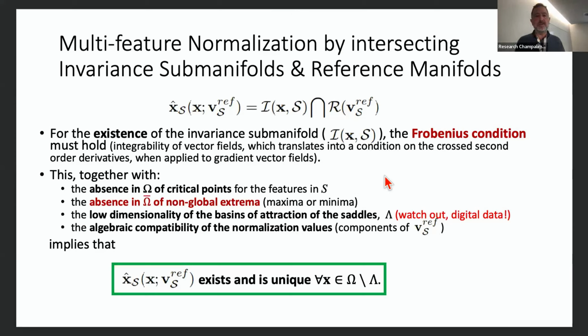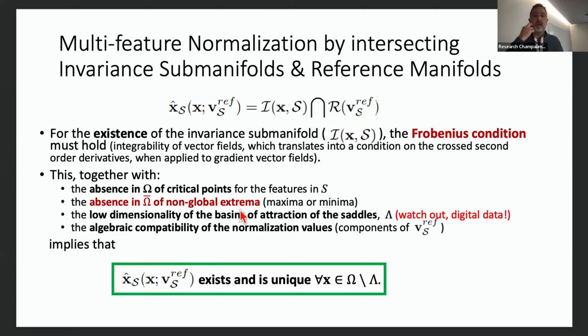Some of them are quite stringent, like not having non-global extrema. This is important. Every maximum or minimum of these features should be an absolute maximum or absolute minimum. This is quite stringent, but it happens.